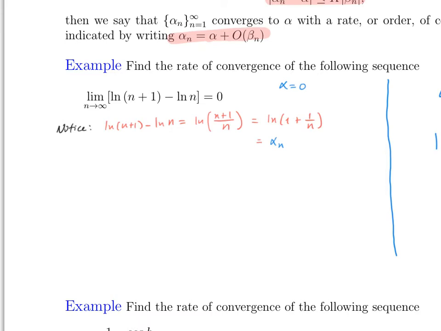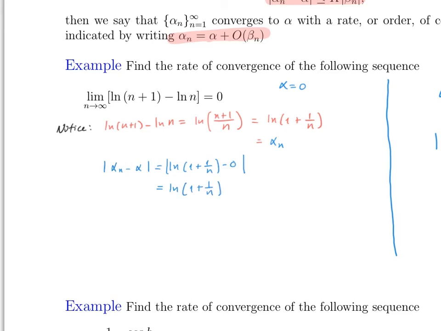So therefore, what we want is alpha n minus alpha to be bounded by something. So in our case, this will be the absolute value of ln of 1 plus 1 over n minus 0, which is still just ln.